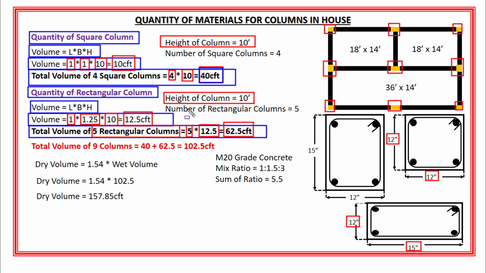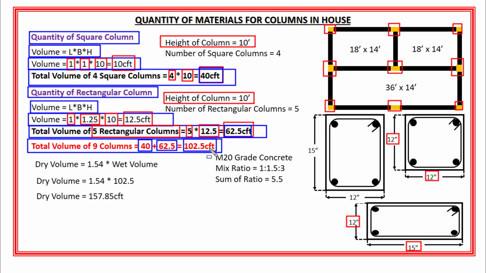So the total wet volume of 9 columns is equal to wet volume of 4 square columns, which is 40 cubic feet, plus wet volume of 5 rectangular columns, which is 62.5 cubic feet. And the total wet volume of 9 columns is equal to 102.5 cubic feet.